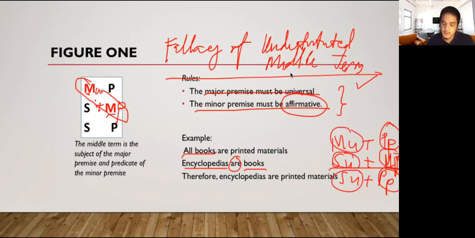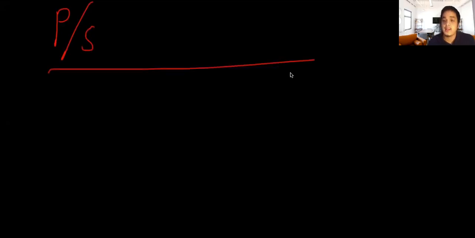Okay, let us review the consistency or the validity of terms in the premises and in the conclusion. When you talk about P or S, they appear in both the premises and the conclusion, right?